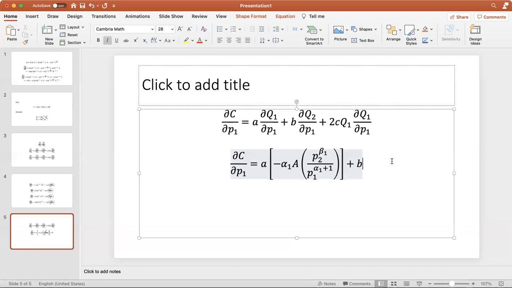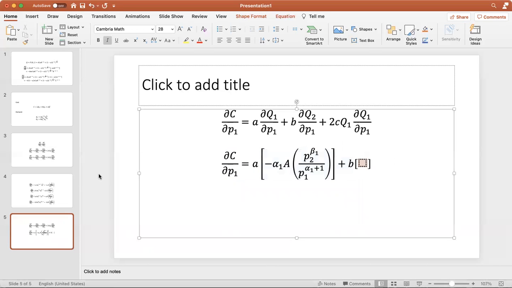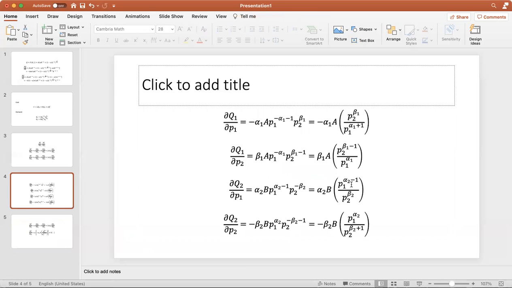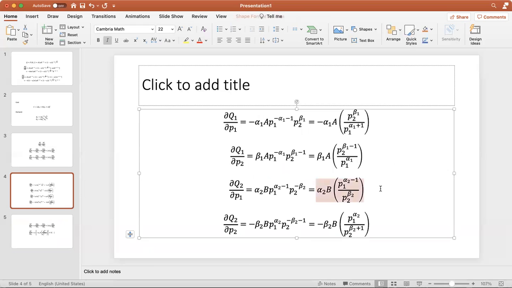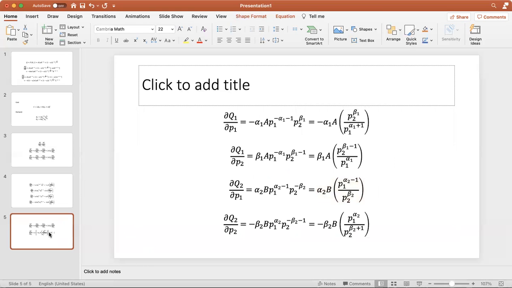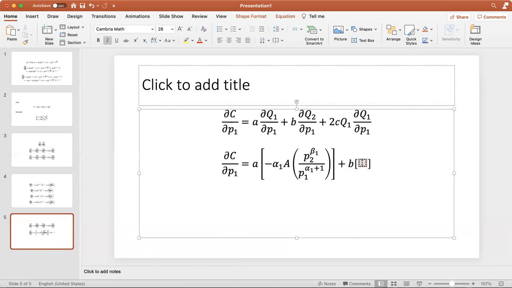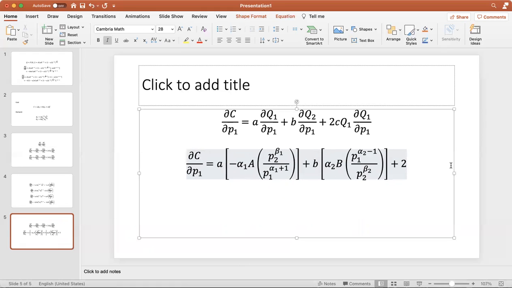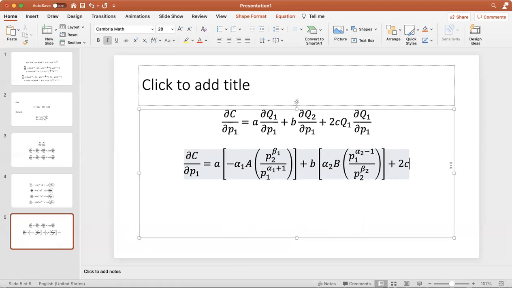Plus B. So what's the partial of Q2 with respect to P1? This expression. All right. Copy this here. Plus 2C. Well, you know what Q1 is.